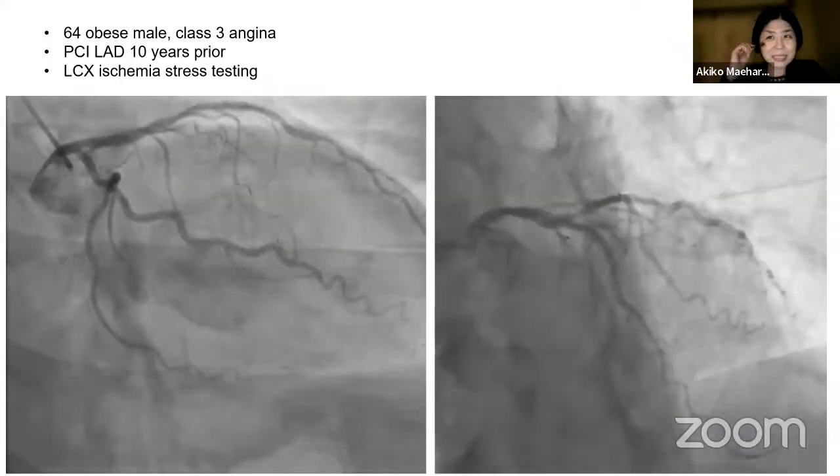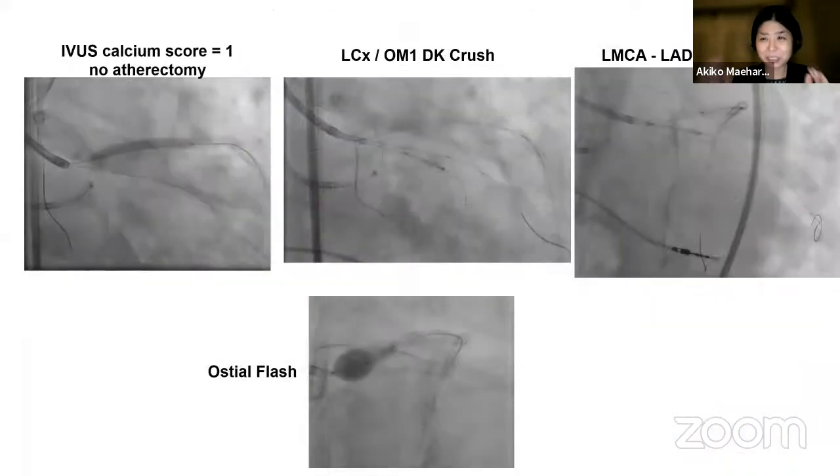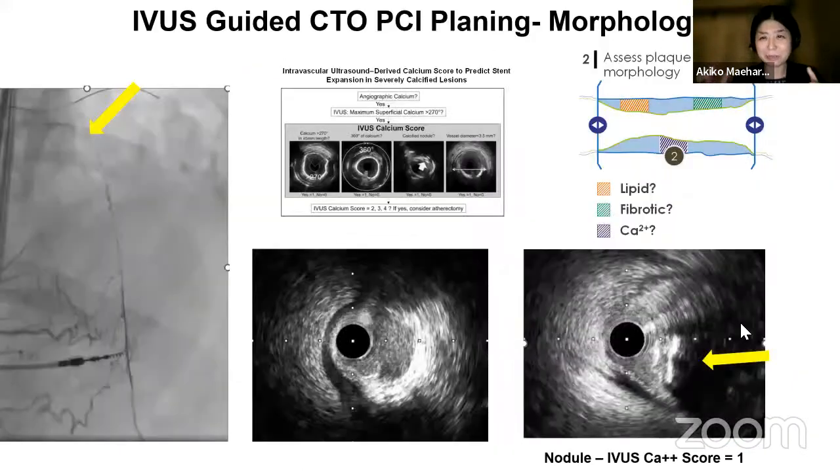Wait. By the way, go back to your calcified nodule. I'm not very sure that was a calcified nodule. That's actually quite important. Don't overreact, because your wire was in the subintimal space and you are looking at the calcium from the subintimal space. All calcium starts on the deep side, and any kind of deep calcium looks like that because we are looking from the subintimal space.